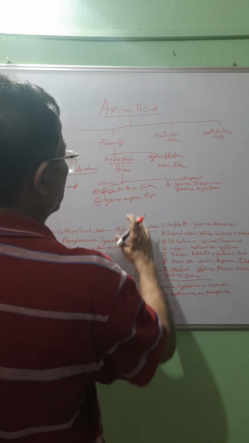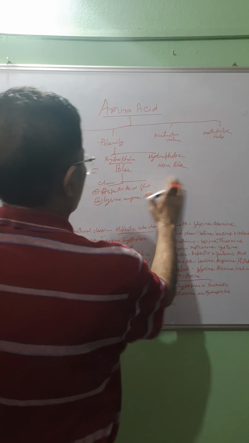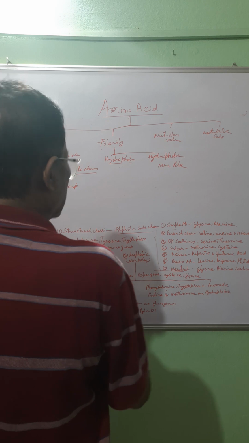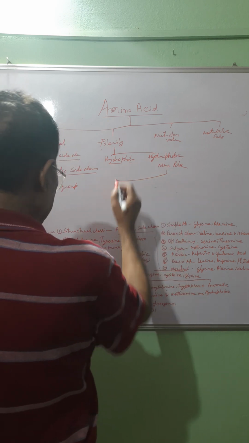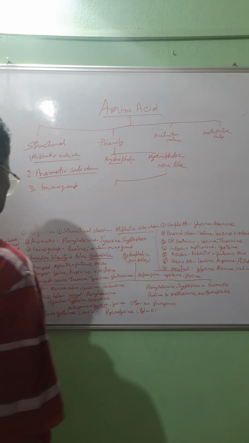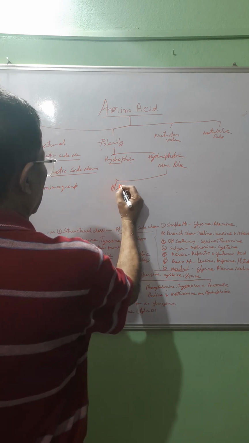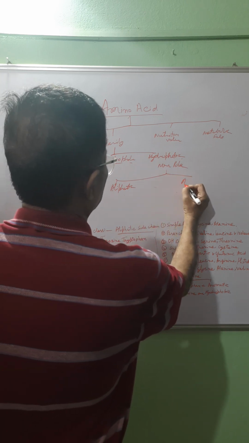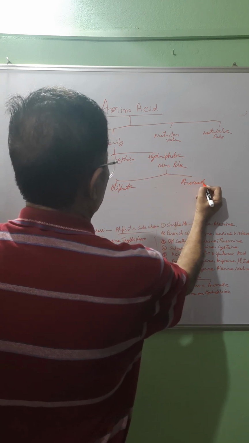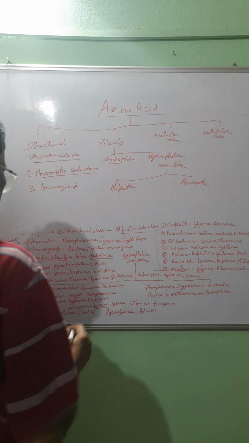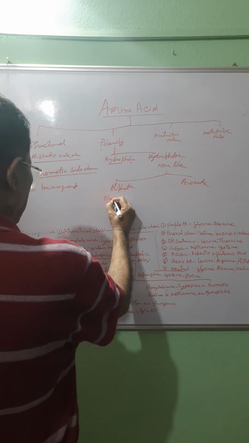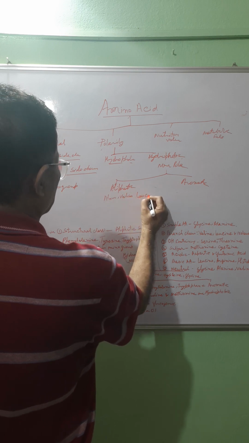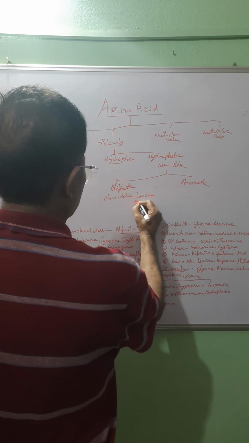Hydrophobic or non-polar. Hydrophobic is also known as non-polar. Non-polar amino acids are aliphatic and aromatic. In aliphatic, alanine, valine, leucine and isoleucine.